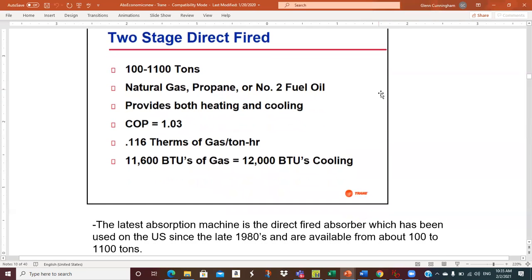Okay, here's the two-stage direct fired, 100 to 1100 tons. So we can fire with natural gas, we can fire with propane, or we can fire with number 2 fuel oil. So a good question on a test sometime is, what's number 2 fuel oil?